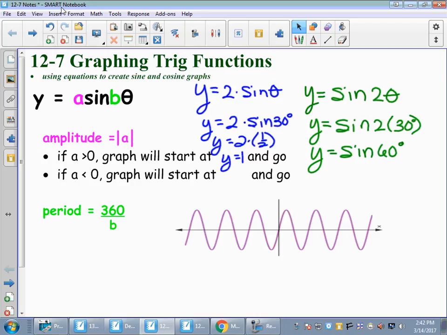So you take a normal period of a cosine or sine, which is 360 degrees before it repeats, and you divide by that B value. The result is actually an inverse effect.